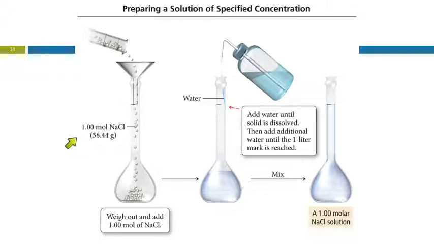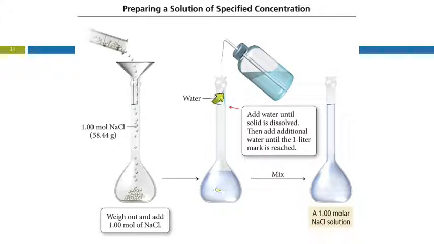So we would use the molar mass of sodium chloride and determine that it's 58.144 grams. So we would measure out that mass of sodium chloride, and we would add water. Typically, you would add water up to about here so that you would still have room to swirl it around and mix it, because you want all of that solid to dissolve before you fill up the neck, because once you get it up into here, it's really difficult to mix it.